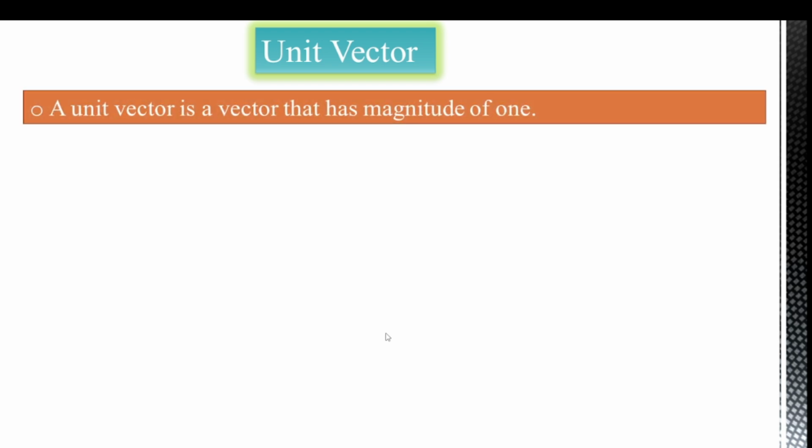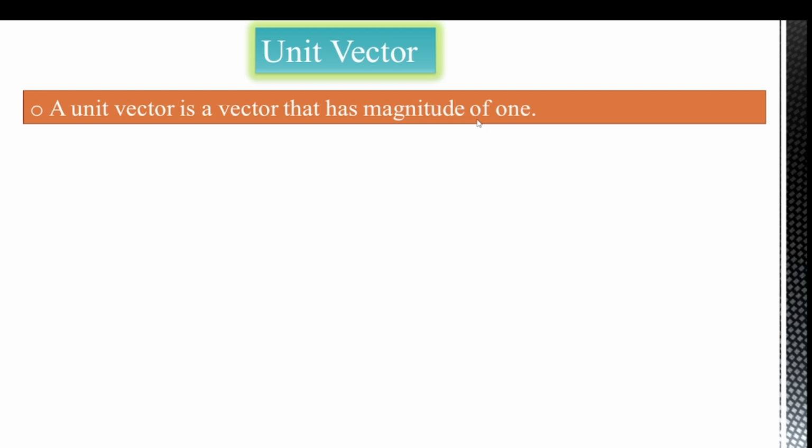Another very important thing is the unit vector. Do you know about the unit vector? What is the unit vector? A unit vector is a vector that has a magnitude of 1. The importance of a unit vector is to indicate where the main vector's direction is.